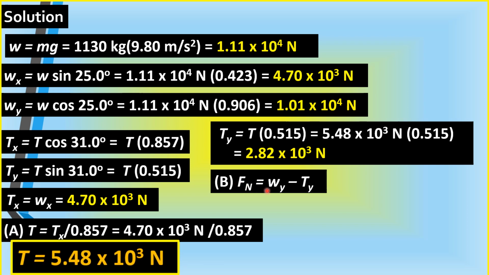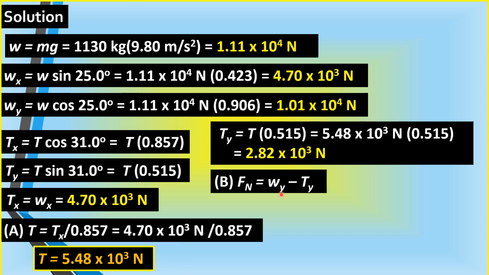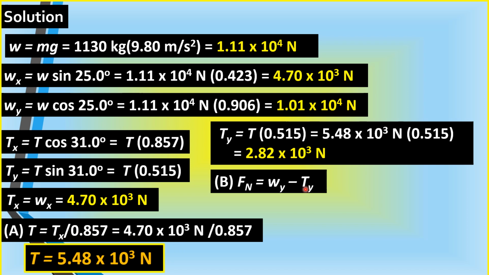And that is just simply equal to the difference between the y component of the weight, or Wy, minus the y component of the tension T, or Ty. The fact that these are the only two forces directed along the y-axis.